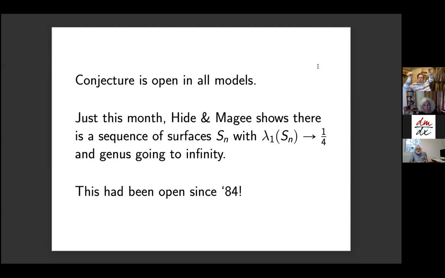And then they glue the cusps together and sort of suture them so that you just have a short curve instead of two cusps. And in this way, via random methods, they produce some high genus surfaces with lambda 1 close to a quarter. Okay, so it's sort of constructive. I mean, they can't tell you one surface in particular, but they can tell you a random procedure to build the surfaces.